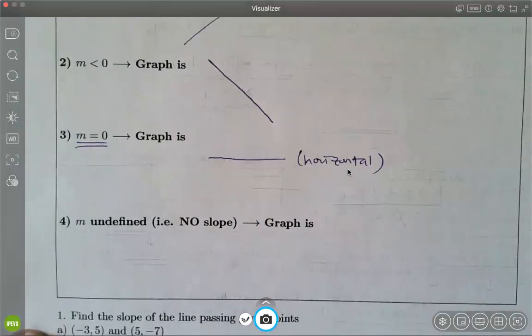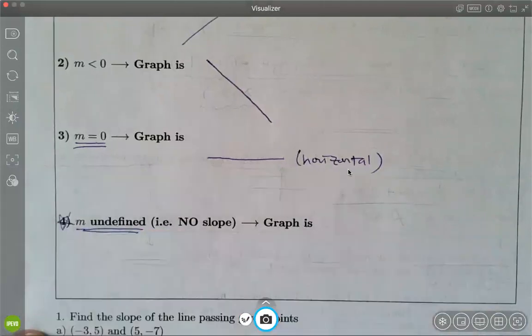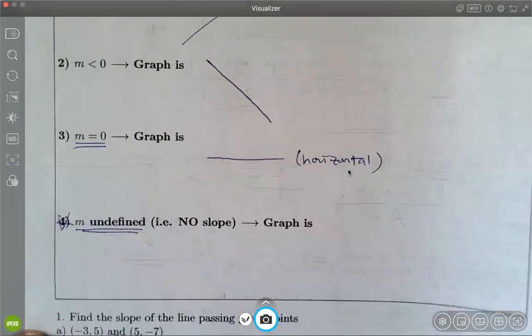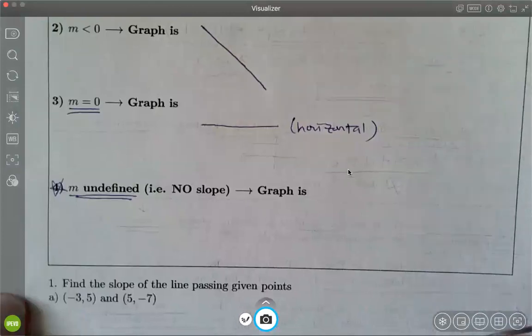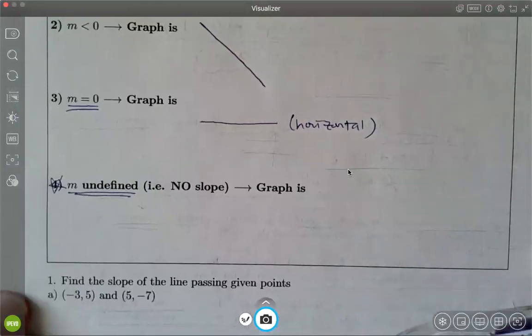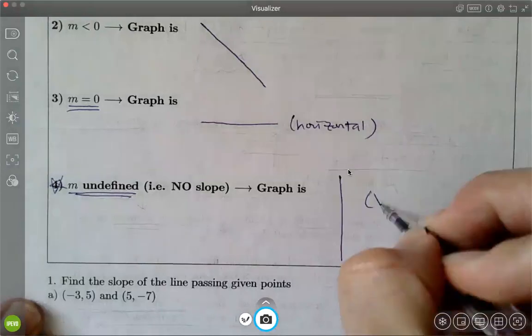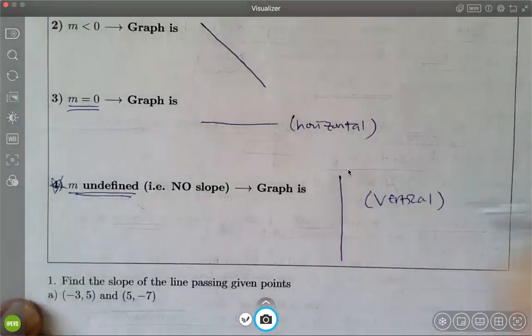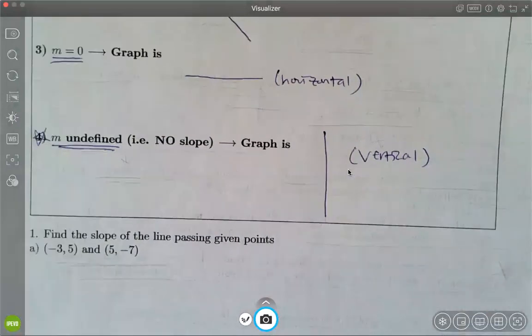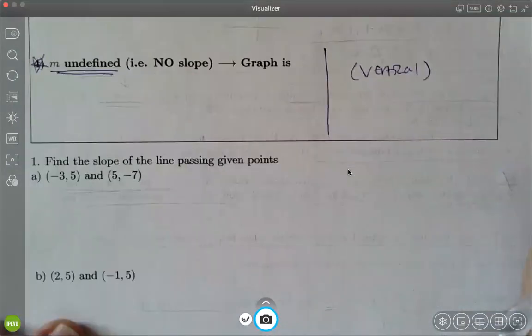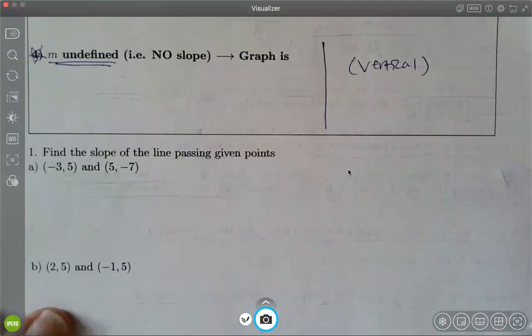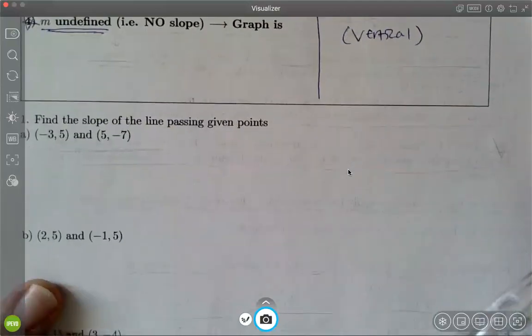Some people think an undefined slope is the same thing as a slope equal to 0, but undefined means there's no value. No slope means the graph is a vertical line. Hopefully you have seen these, especially the last two cases, before. So the undefined slope means the vertical line.